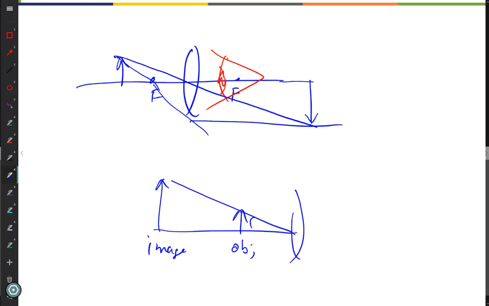They're both on the same line. What ray do we call that line? The vertex ray. So if we have the distance to the object and the height of the object, that gives us the angle using the small angle approximation, opposite over adjacent.